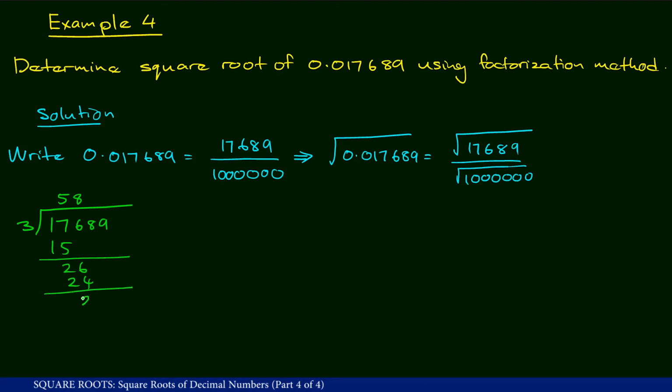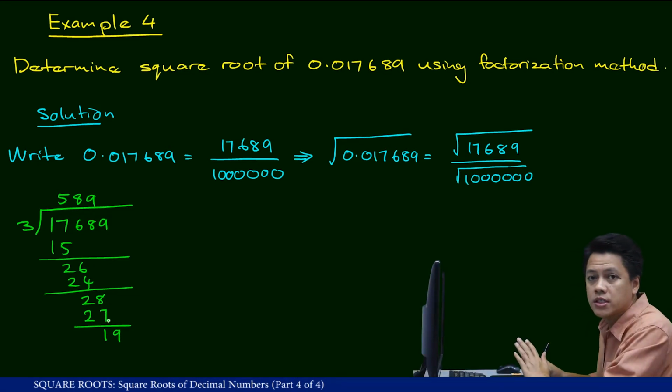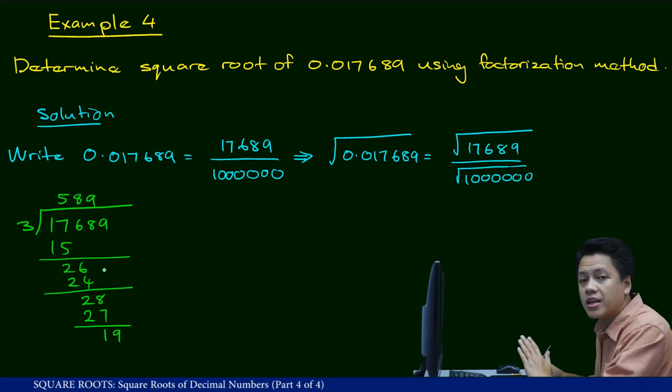Again, remainder 2, so 28. So 3 times 9 makes 27 with remainder 1, and 19. 19 and 3 we cannot converge, because the nearest value is 18, which is 3 times 6. So 17,689 is not divisible by 3.